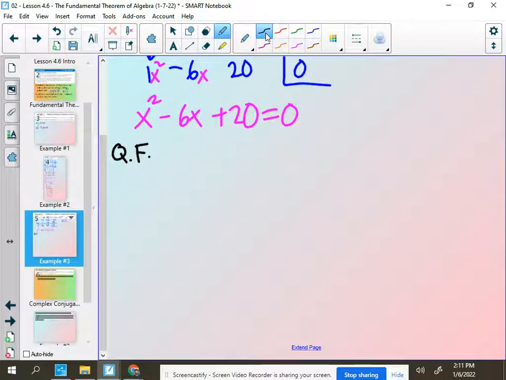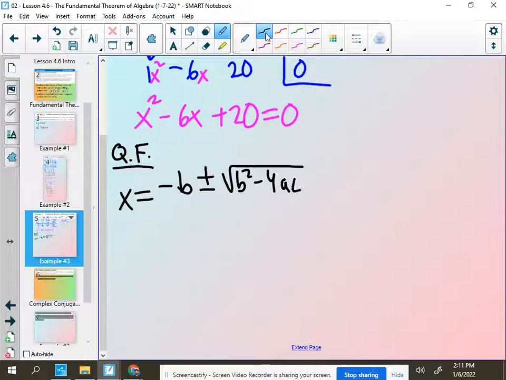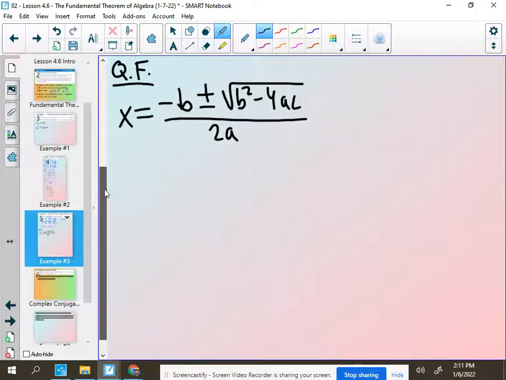First, the problem with the quadratic formula is you've got to know what it is, and it's big and clunky and complicated. So here's my quadratic formula. X equals the opposite of b plus or minus the big square root of b squared minus 4ac, all over 2a. So I've got to get all this stuff where it goes, which, okay, it's not the end of the world.